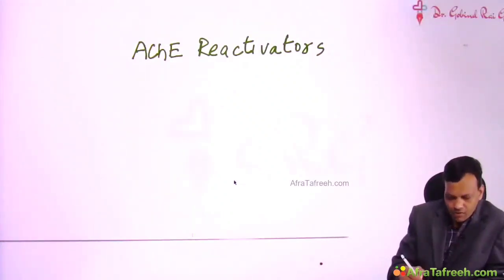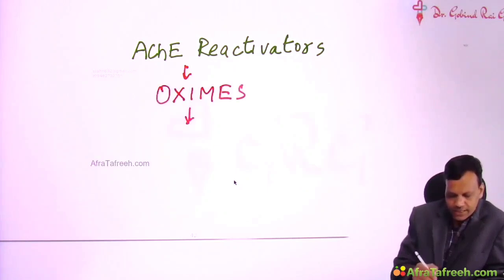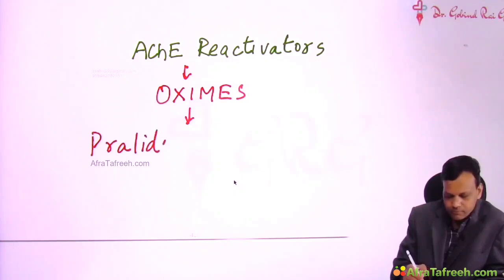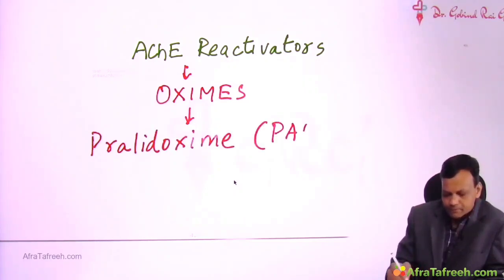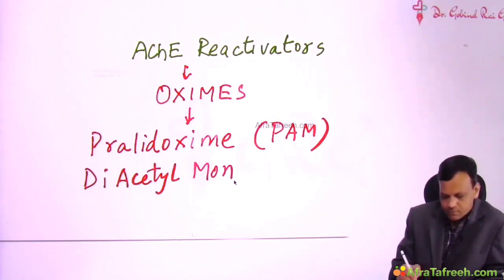And chemically, all of these drugs are oximes. And the 2 main drugs we have in this category are pralidoxime, which is commonly written as PAM, and diacetyl monoxime, which is called DAM.